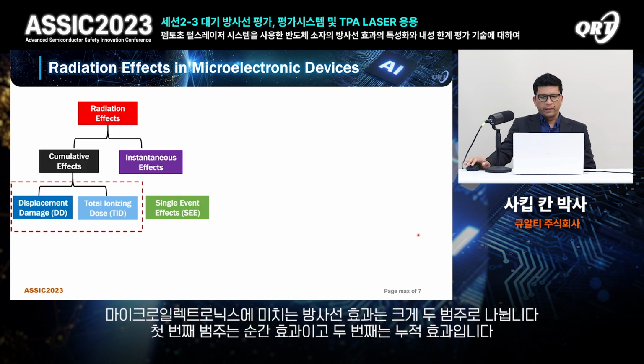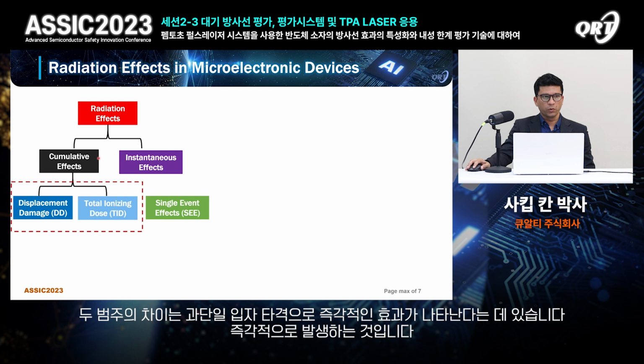The radiation effect on microelectronic devices can be broadly classified into two categories. The first category is the instantaneous effect, and the second category is the cumulative effect. The difference between these two categories is that the instantaneous effects are due to a single particle strike. They appear instantaneously.